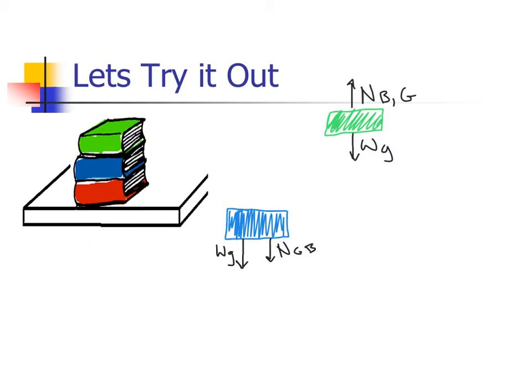So everything is going to be on blue. Now also, ideally, those two forces should be equal. Arrows should be the same if I did this correctly.